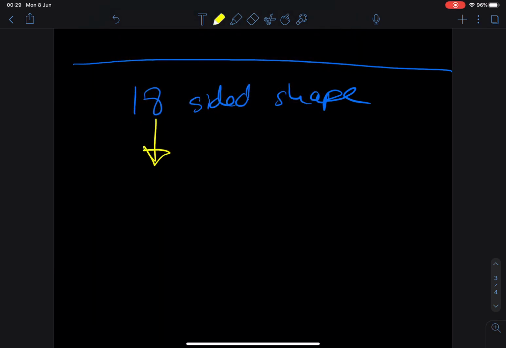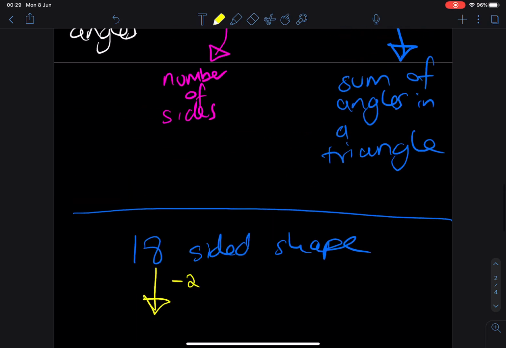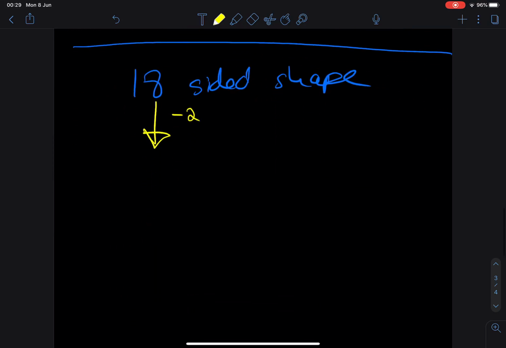How many triangles can I fit? It must always be 2 less, as we mentioned over here. So that means I can fit 16 triangles.